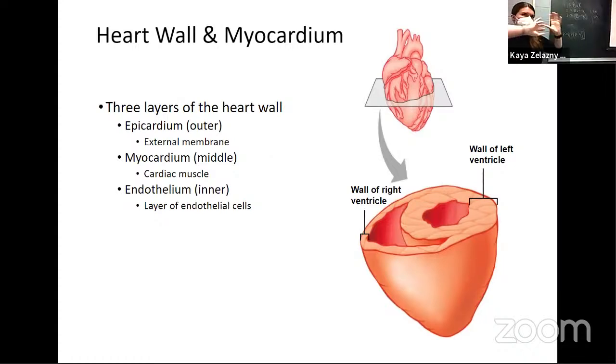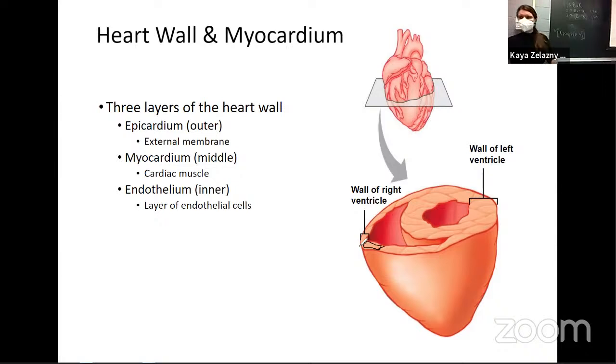Within the sac, we have the heart itself. The outside layer of the heart we call the epicardium. It's basically a membrane that's gliding across the pericardium, so it's the external membrane. Then inside, we have the muscle itself. This is showing us the myocardium inside the walls.